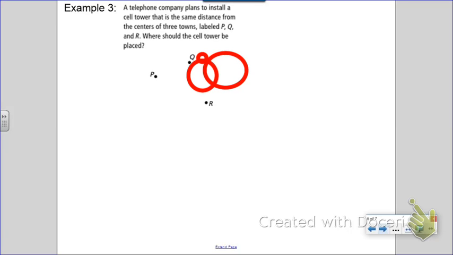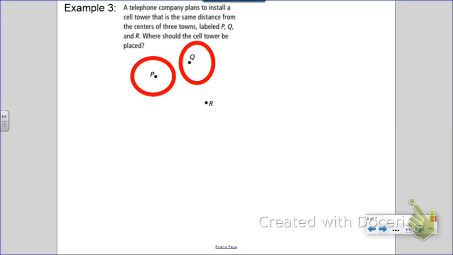I'm first going to just put some circles on, connecting the points together.